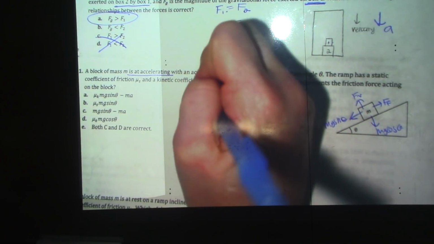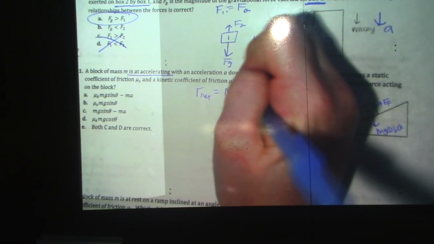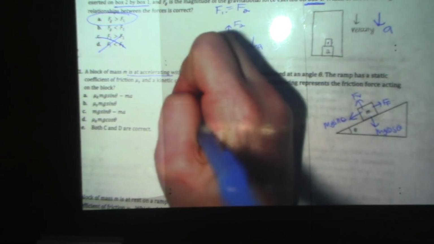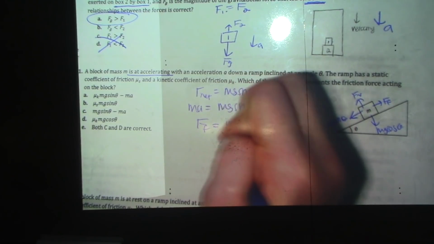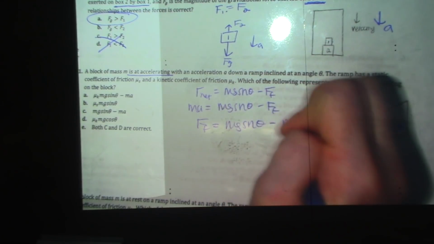This one is going to accelerate, so I'm going to say F net is mg sine minus force of friction. F net is just ma. Now to rearrange this, I added this one over and subtracted this one over, so they switched places, so mg sine minus ma. That is my friction force.